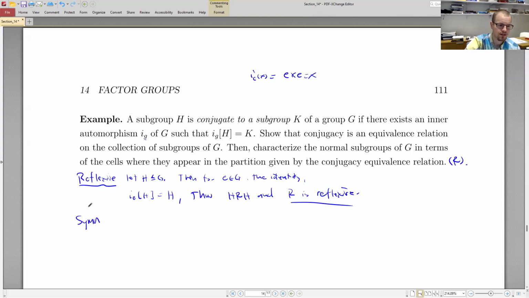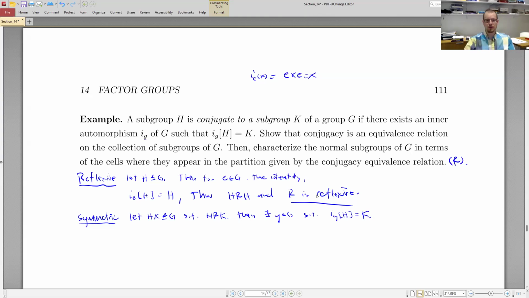All right. Let's talk about symmetric here. So I want to let H and K be subgroups of the group G such that H is related to K. Then there exists a G in G such that I sub G of H is equal to K. That's what it means for two subgroups to be conjugate of one another, right?